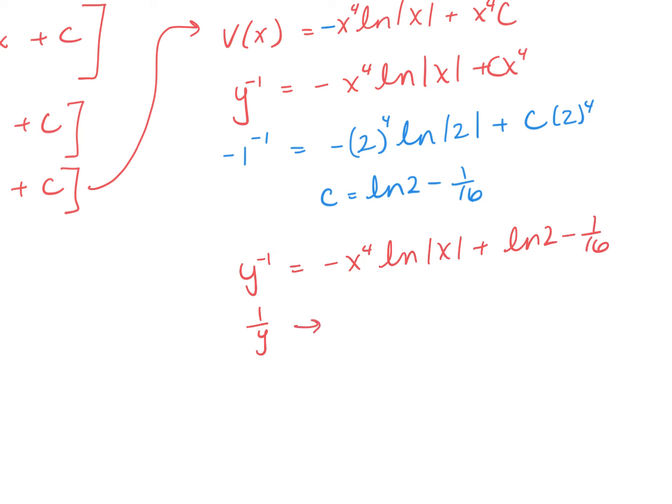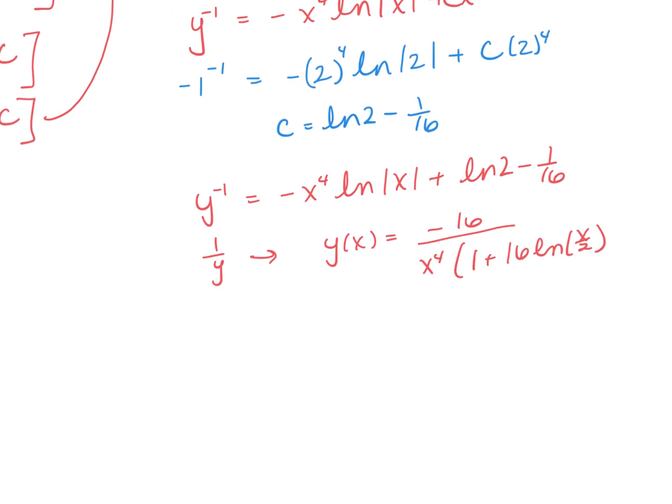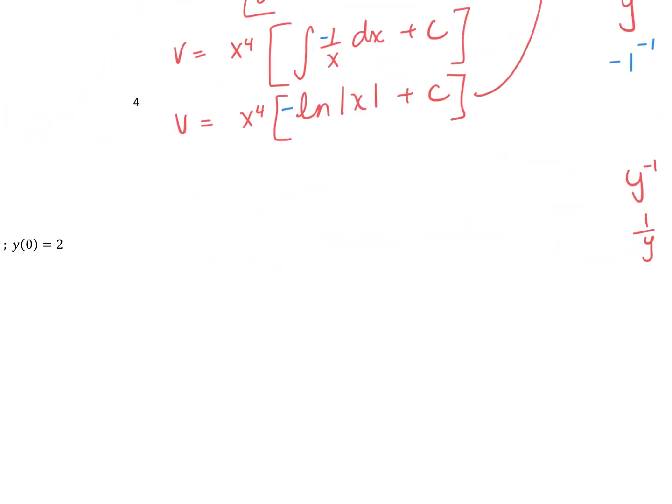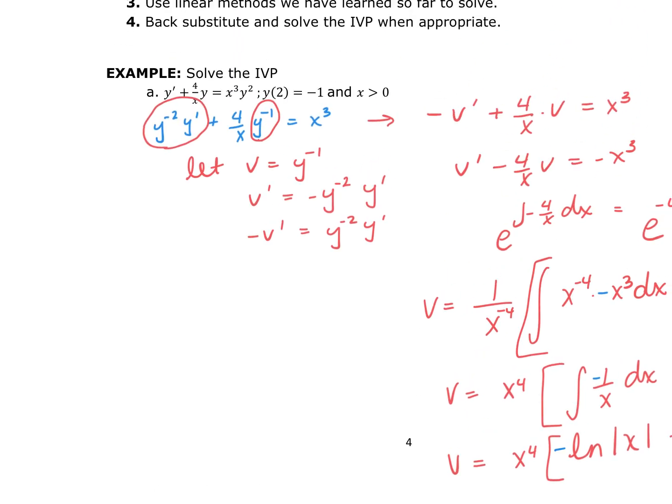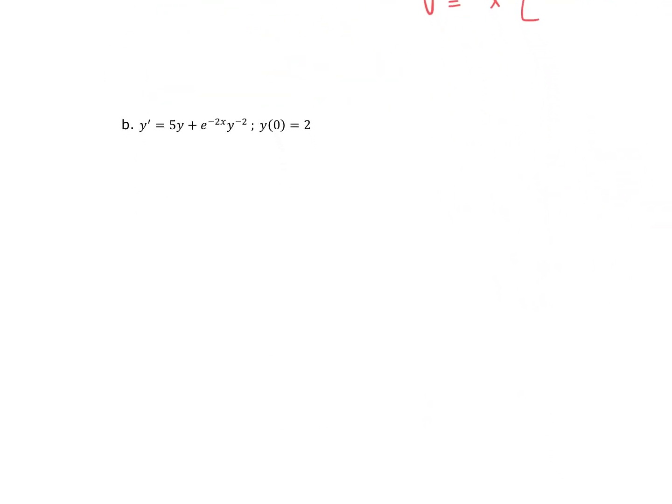So when I solve for y in terms of x only, y of x will be equal to, when I get totally done, negative 16 over x raised to the 4th multiplied by 1 plus 16 the natural log of x divided by 2. And that is what I'm going to get when I am totally and completely finished. And that's my answer.